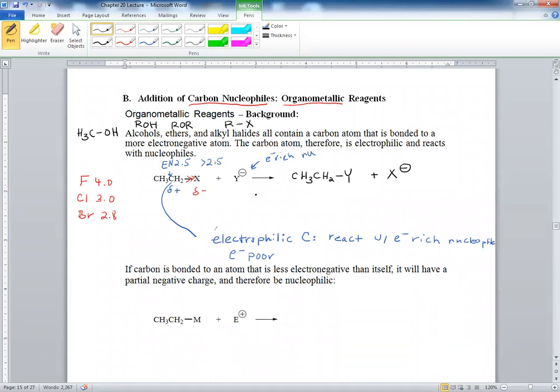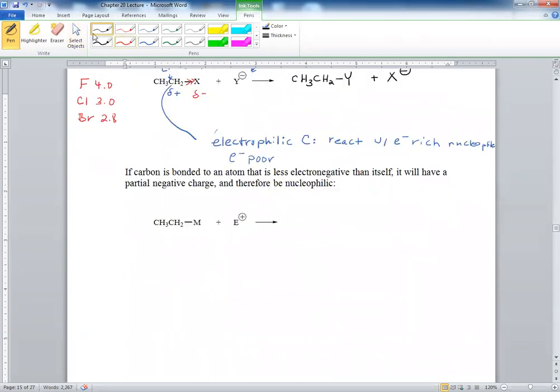So notice that the carbon here was electrophilic, electron poor, due to the difference in electronegativity. Now, if we have the carbon bonded to an atom that is less electronegative than itself, then the opposite will happen, meaning the carbon now will be nucleophilic, partial negative charge, and it now will interact with an electron poor electrophile. So notice what's happening now.